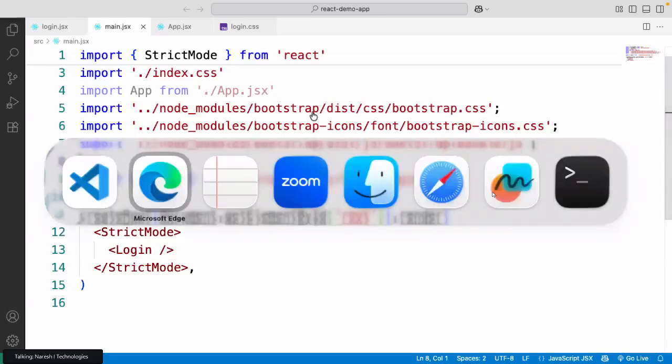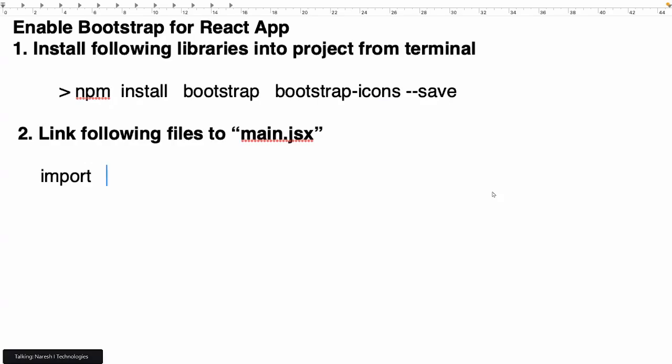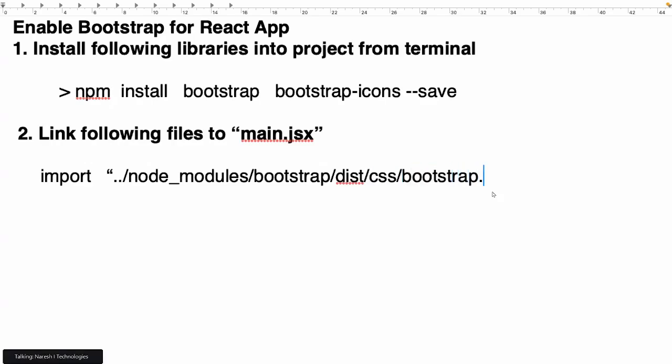So what you have to do in the next step is link the following files to main.jsx. How can we link them? Using an import statement. Node modules, bootstrap dist css, bootstrap.css.